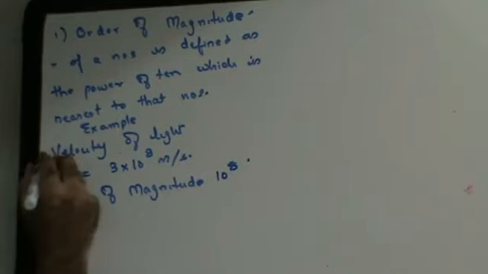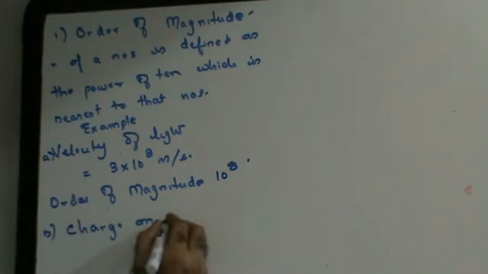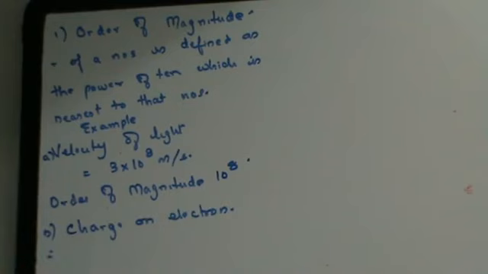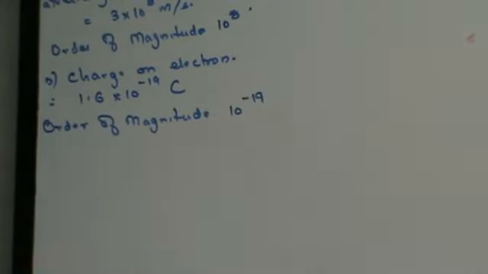Right? Similarly, let us consider another example, charge on electron. Charge on electron is 1.6 into 10 raised to minus 19 coulombs. If this is the charge on electron, then order of magnitude will be 10 to the power of minus 19.